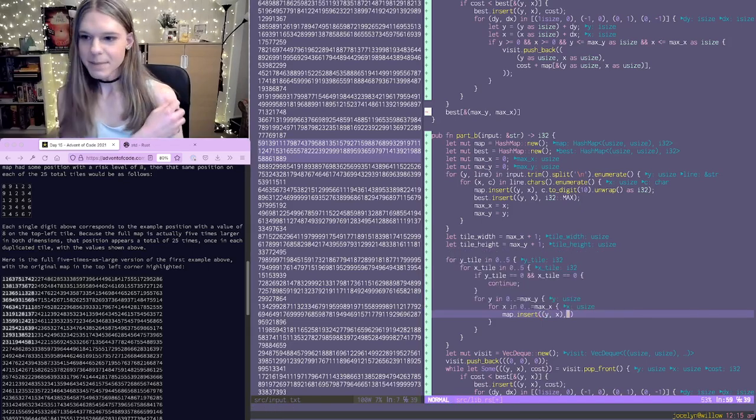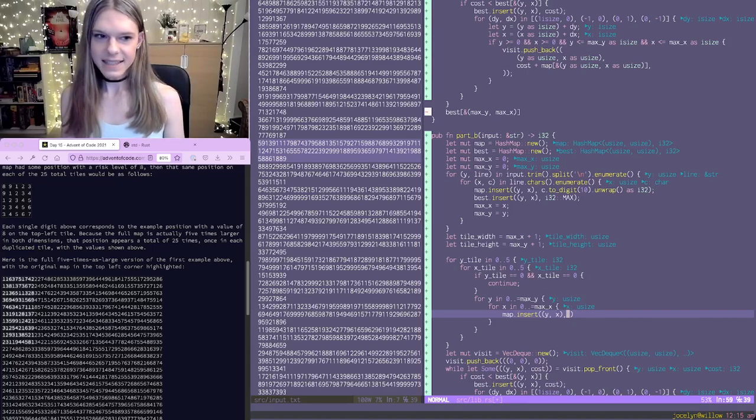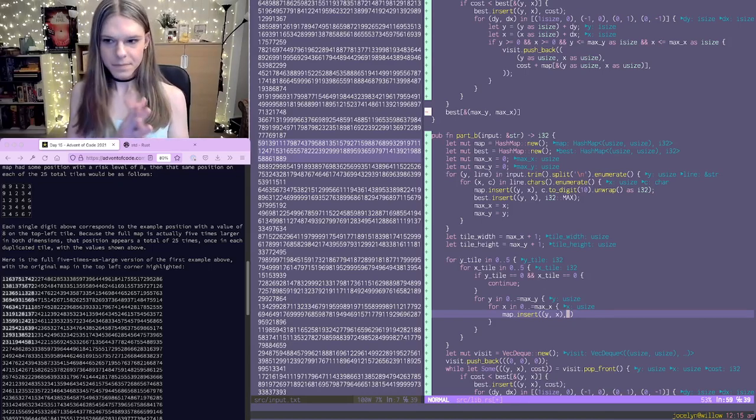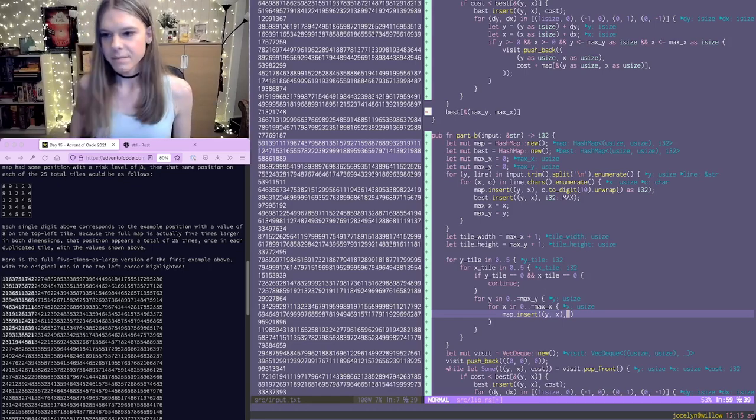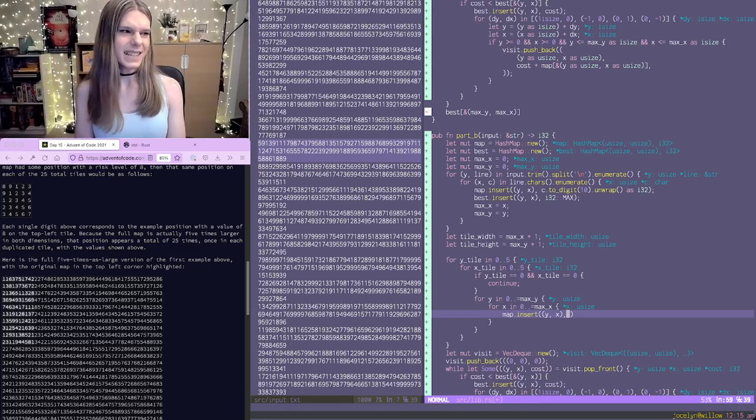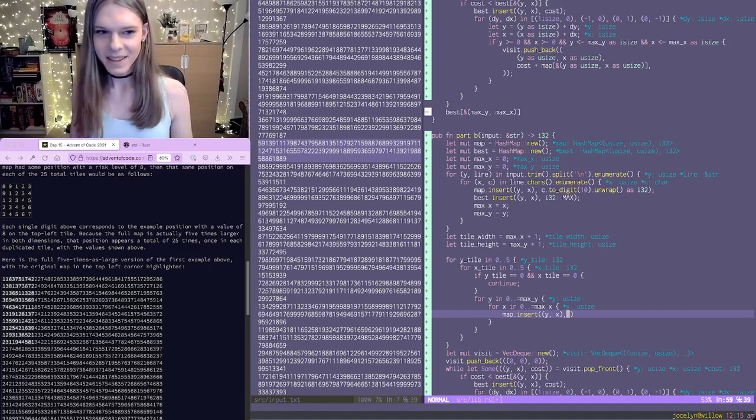We can just look at the position in the original tile, I guess, for if it's on the left, and otherwise we look to the top. Yeah, no, this is annoying. It seems simple the way they described it.